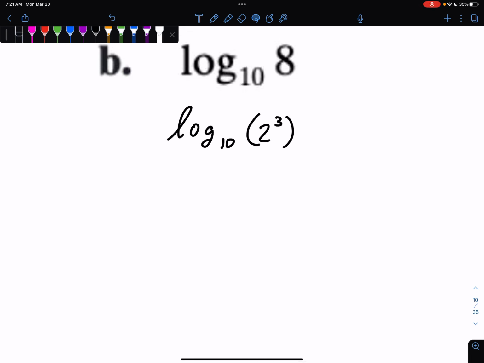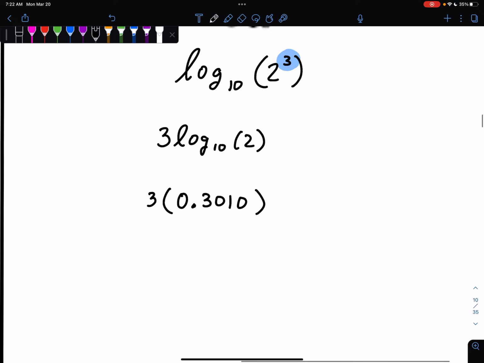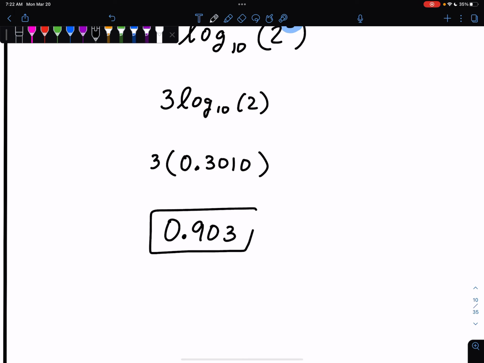So 2 cubed would give you 8 here. Remember, the cube can be in front now. So 3 log base 10 of 2. So 3 times, what's log base 10 of 2? That would give you 0.3010. Oh yeah, we just did log base 10 of 2. So 3 times would be 0.903, and we're going to leave it like that.